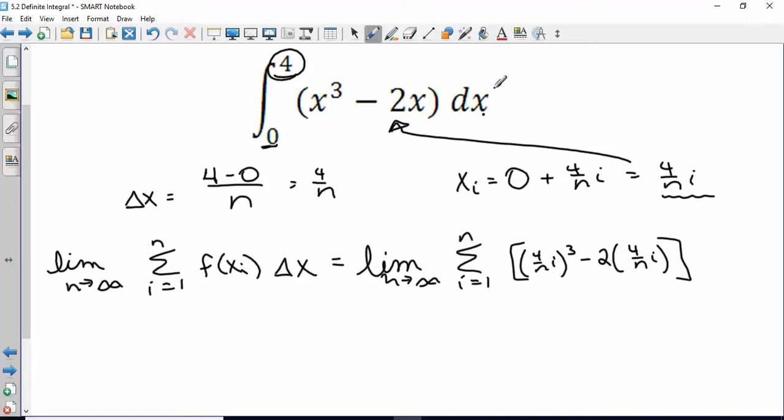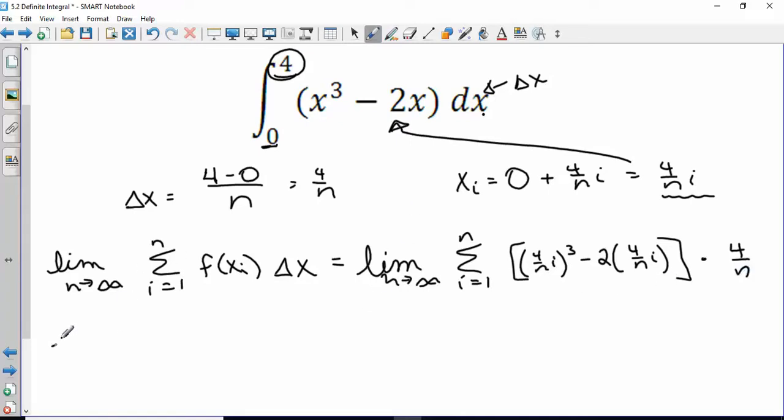This dx is really just like your change in x, so times the change in x, which was 4 over n. So far, so good.